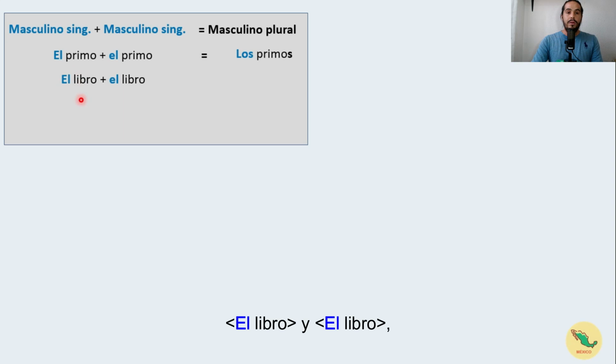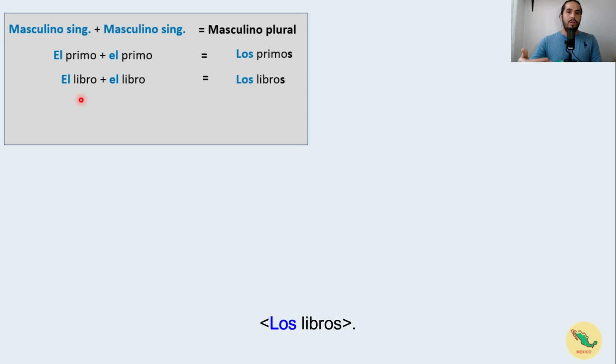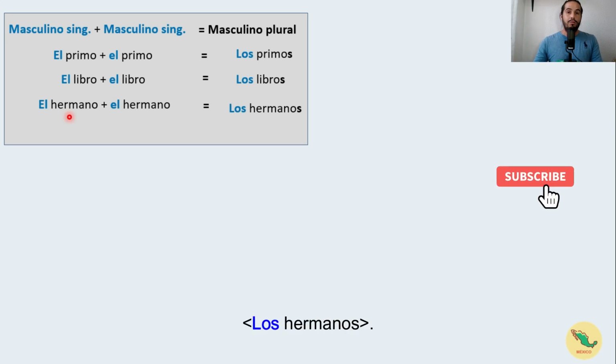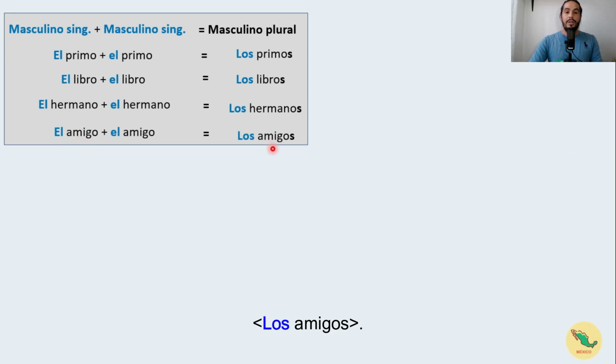El libro and el libro. If I want to talk about them as a group, I will call them los libros. El hermano and el hermano, they are los hermanos. El amigo and el amigo, they are los amigos.